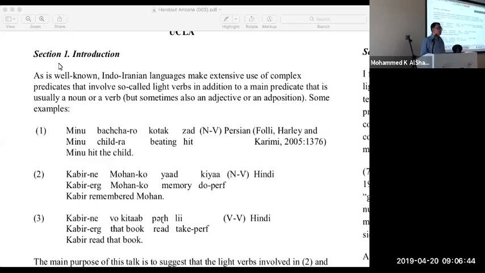Since I've been doing a little bit of work on complex predicates, which was not my central interest in my early work, I've been looking at them especially from the perspective of case. My interest was largely to understand the distribution of ergative case and possibly a theory of ergative case. I started looking at complex predicates in Hindi, which have interesting properties with respect to case, and I decided to talk about that.